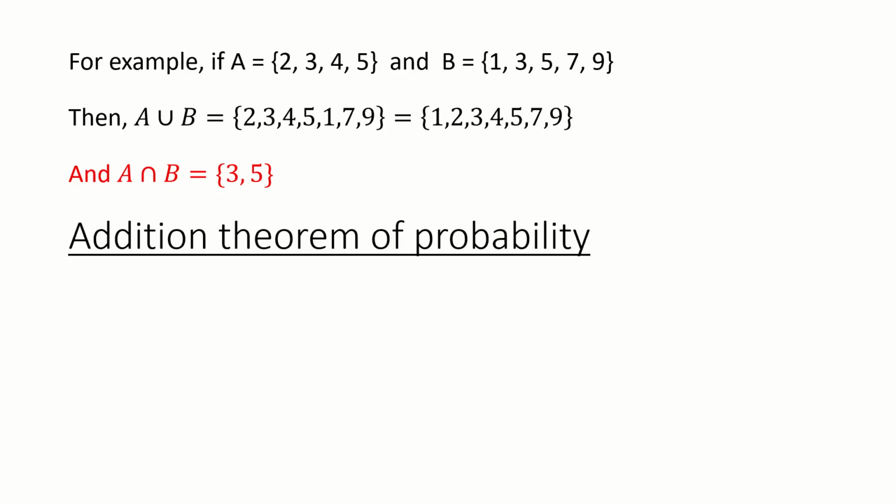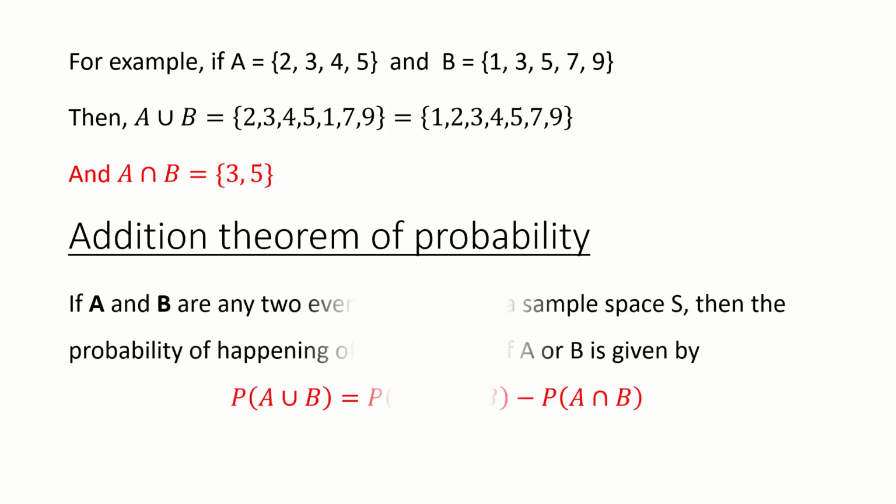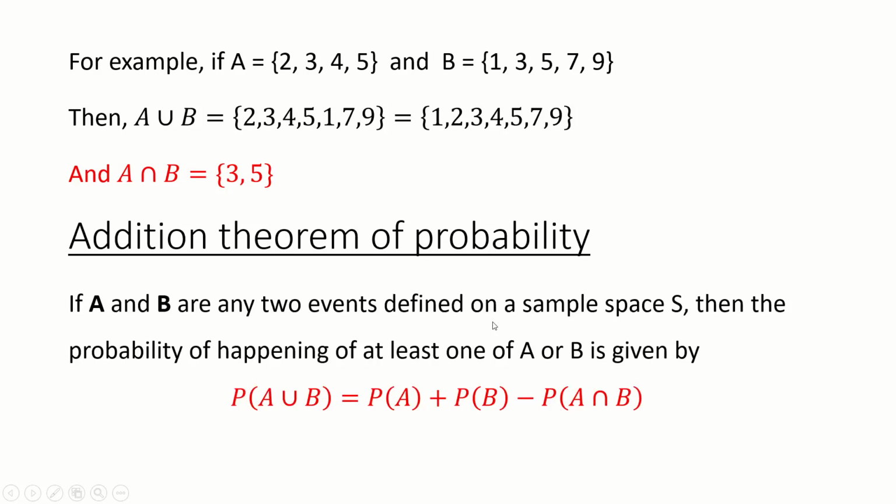Now let us come to the addition theorem of probability. If A and B are any two events defined on a sample space S, then the probability of happening of at least one of A or B is given by probability of A union B equal to probability of A plus probability of B minus probability of A intersection B. Here also it is given as happening of at least one event.